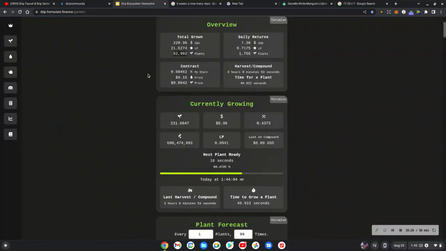The plant gives you, if you keep compounding, like 3.3% a day. It's up to 3%, but it's always over, and one time it was 3.5. So let's say up to 3%. Keep compounding, and then Drip gives you 1%. So altogether you're getting like 4% a day between the two.